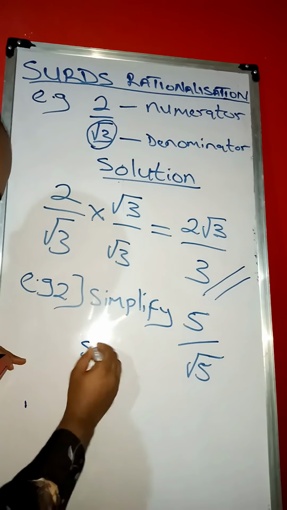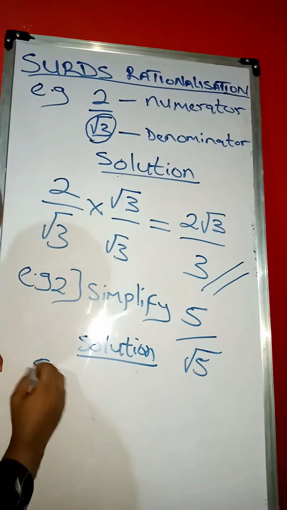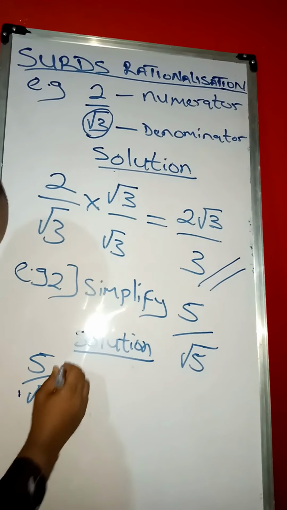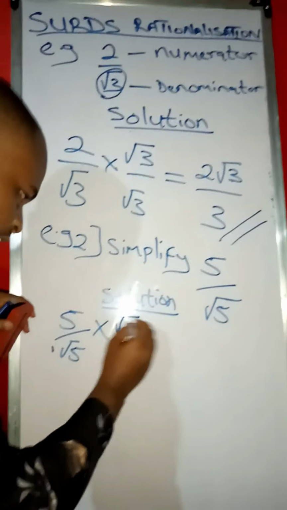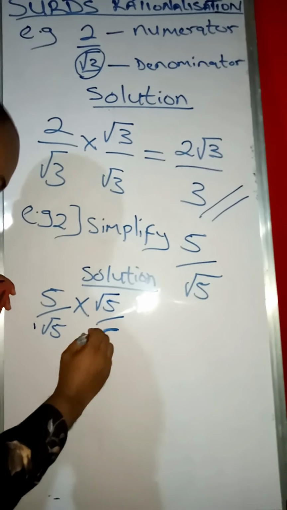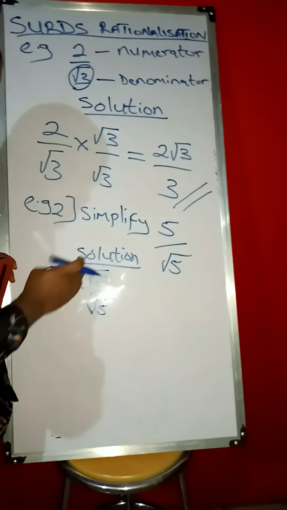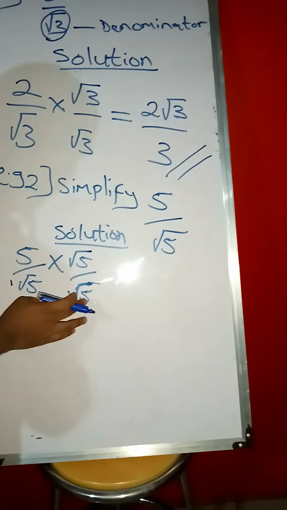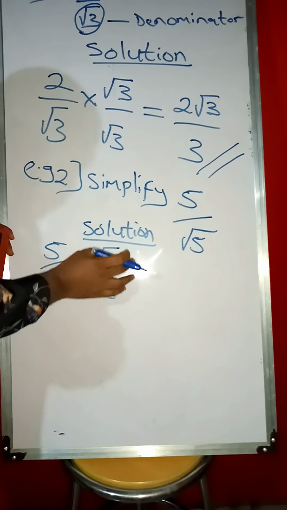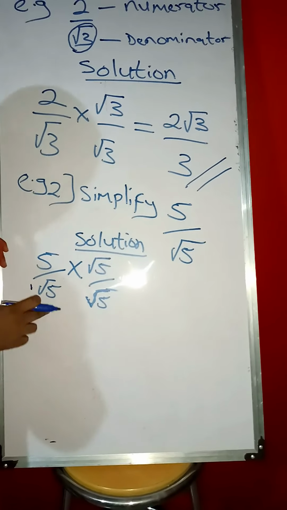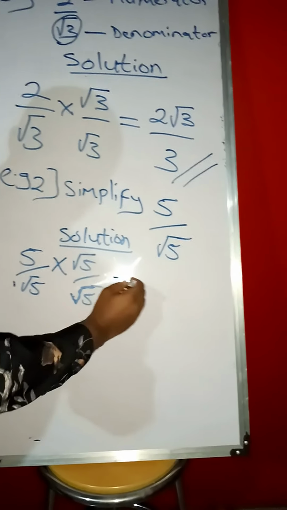All I need to do is multiply both my numerator and denominator by root 5 over root 5. Remember that all I've done is just introduce a multiplicand of 1, because root 5 over root 5 is 1. So I've actually not changed my question. All I needed to do was to eliminate this from the denominator. Root 5 over root 5 is still 1.